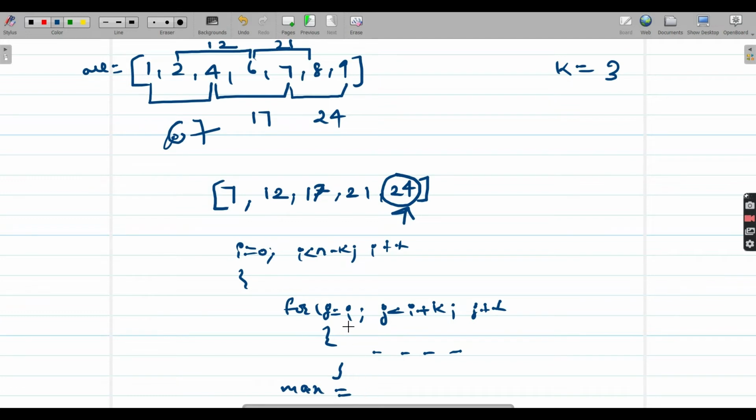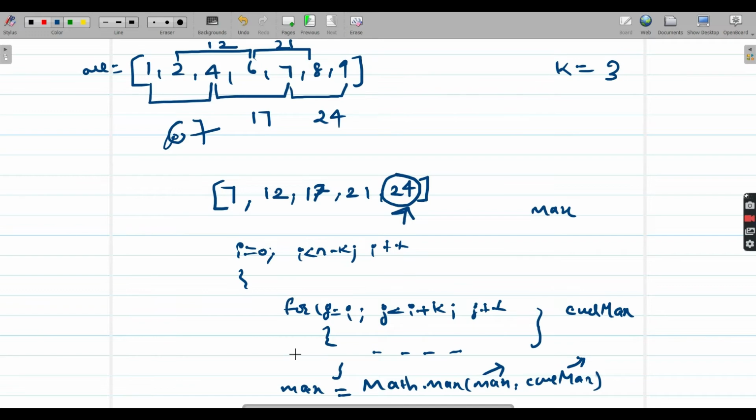Let's assume in the inner loop we have a variable called current max, but outside we have something called max. So max is equal to Math.max of max comma current max. This max is the so far max, and this current max is for the particular subarray of given size k. This is how we generally approach the problem.